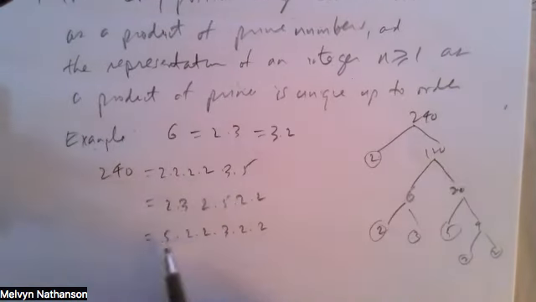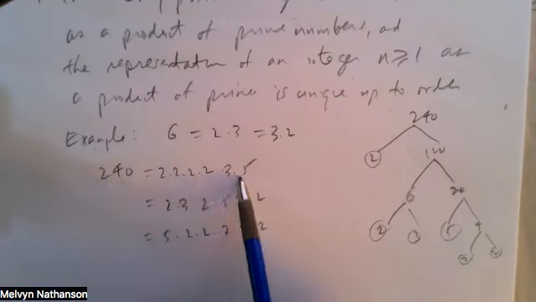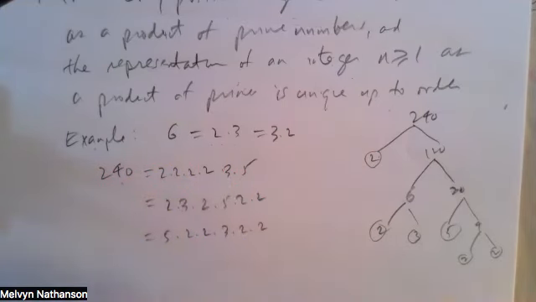There are lots of different ways to arrange the prime numbers that multiply out to give 240. But no matter how you write 240 as a product of prime numbers, there will always be four 2's, one 3, and one 5. So this is the fundamental theorem of arithmetic, that every number is a product of primes, and except for the order in which the primes are written down, the product of primes is unique.